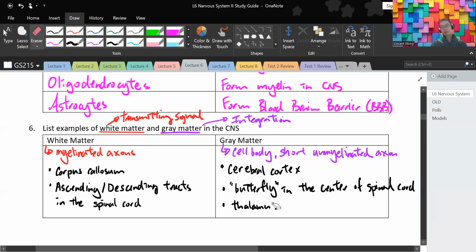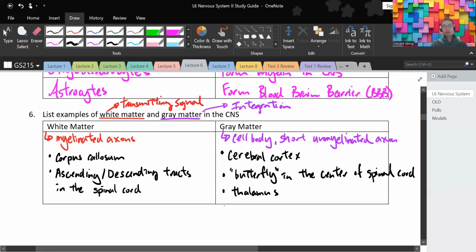That's gray matter. It's responsible for filtering sensory information and relaying it. There's also something called the reticular formation. It's a web of gray matter that helps us maintain consciousness.